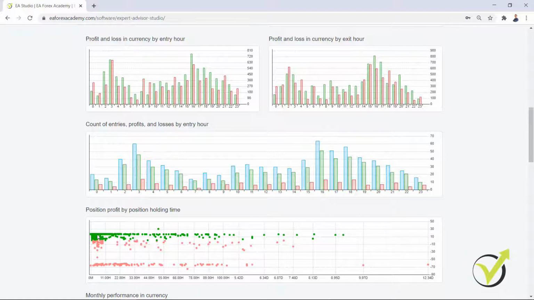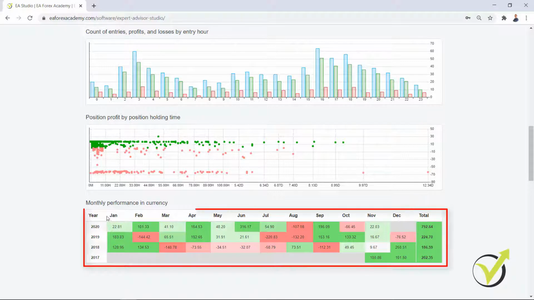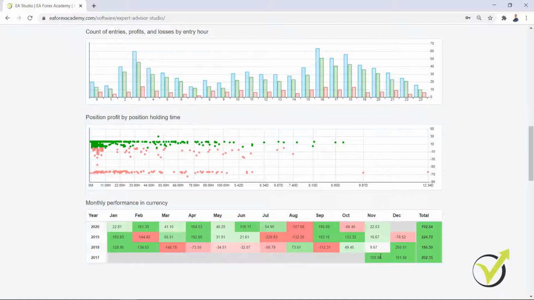You can see a lot of green dots over here, and below we have monthly performance in currency, so we can see back from, in this case, November 2017. I have set it this way just to have a look at the last 3 years, but you can notice that there are months with losses for this strategy. Okay, this period over here in 2018 was horrible for this strategy, but that's normal.